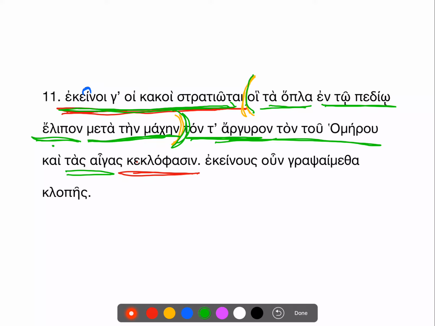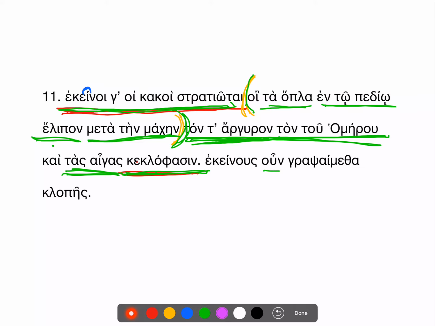What did those bad soldiers do? They have stolen. That's perfect indicative active. They have stolen ton argyron, the silver of Homer, and the she-goats.